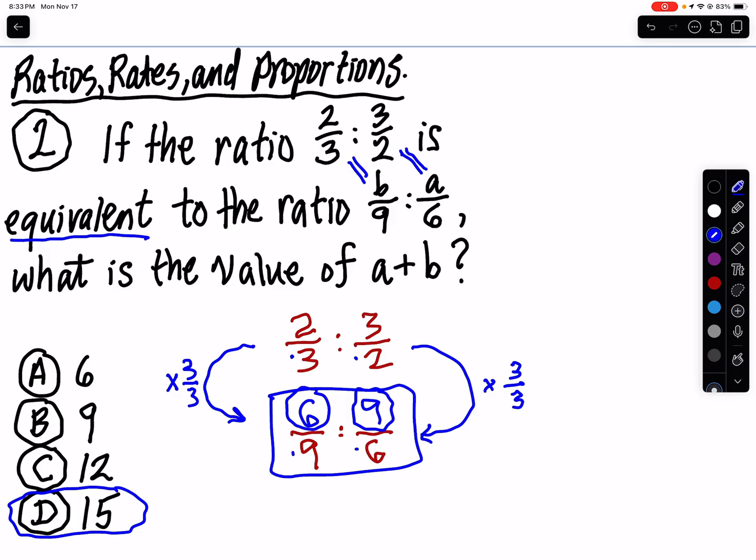And it's pretty hard to deny that this is the answer, because 6/9 is 2/3. And 9/6 is 3/2. So this question is trying to confuse simplifying fractions with ratios.